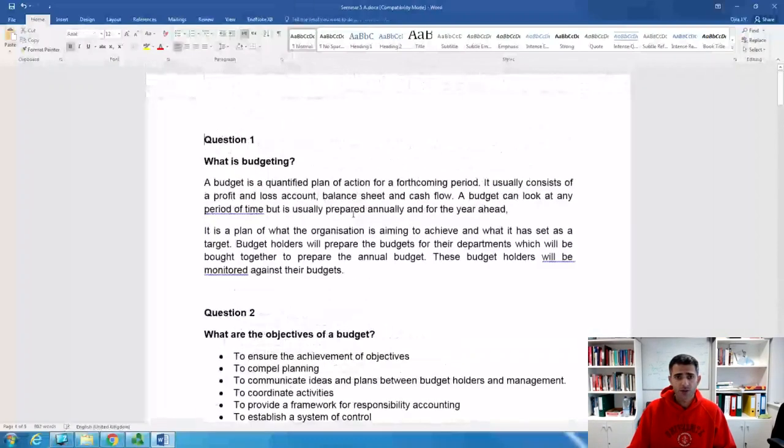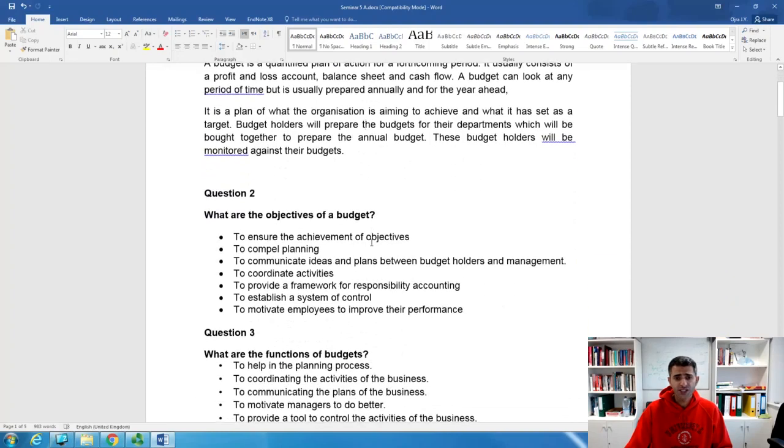Okay, so for question number 1, when we started with what is budgeting, we defined budgeting according to CIMA. We did say that a budget usually consists of a profit or loss. You plan the profit or loss, planned expenses, planned revenue, planned assets, and planned cash flow, all for next year. In terms of objectives of a budget, there are various objectives we mentioned.